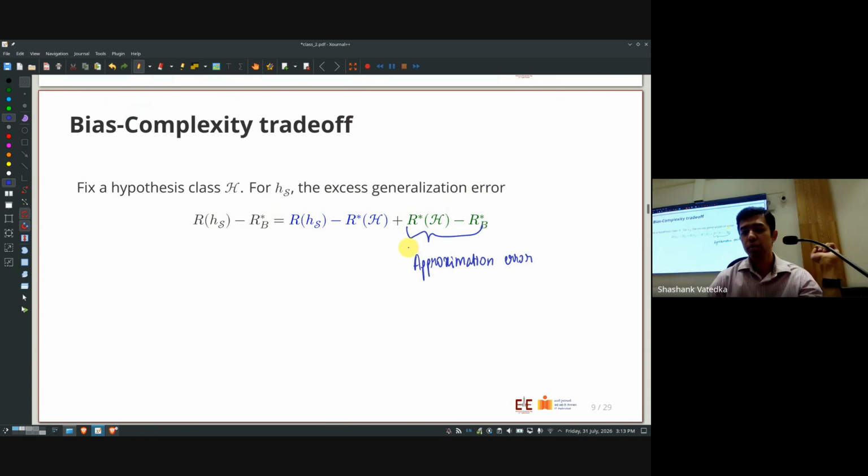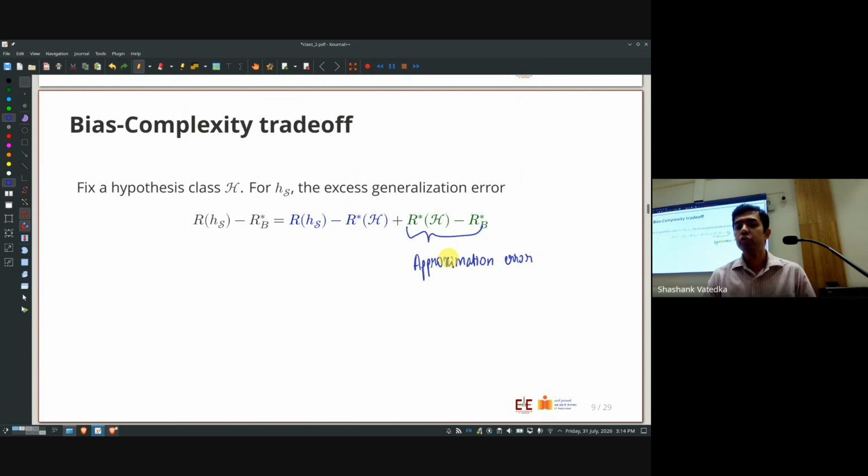And if you think about it, this quantity doesn't depend on how we choose our learning algorithm. It depends only on how we chose the hypothesis class H. It's purely dependent on H. So if you chose a rich enough H, for example, the class of all possible functions, then this approximation error would be exactly equal to 0.